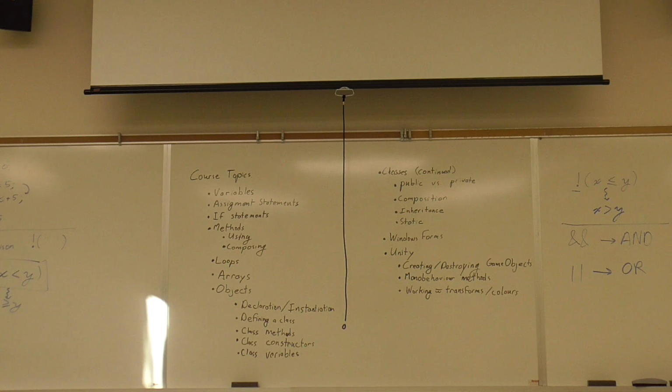If x is true and y is false, what is the value of x and y? False. Good. And or is true. If x is false and y is true, what is the value of x and y? False. Or, true. It is true. And then false is false across the board.